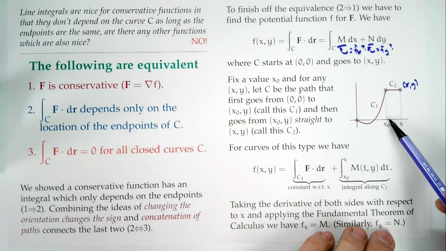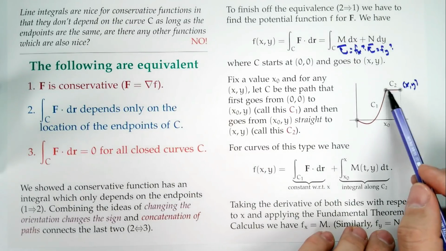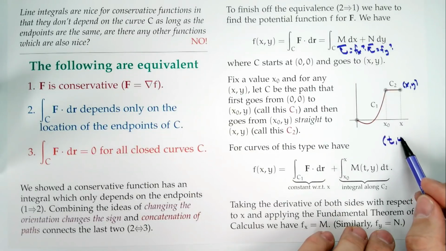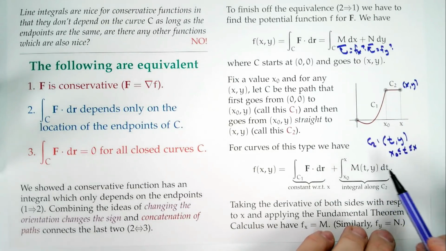And we're going from t equals x0 to x. So this is the parameterization of C2. Again, I'll write it down. Its parameterization for C2 is t comma y, x0 less than or equal to t less than or equal to x. So we have that part right there.